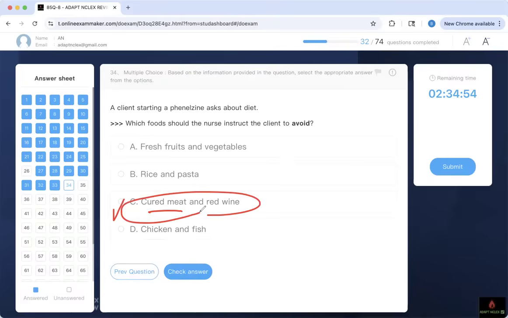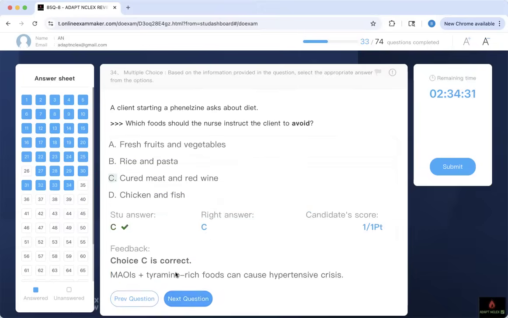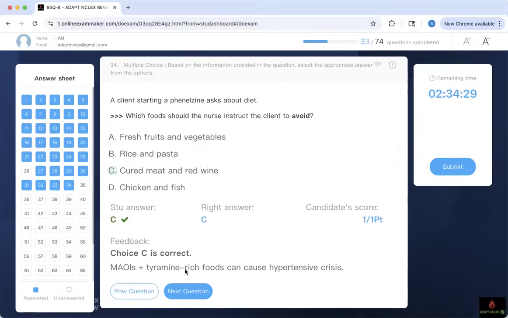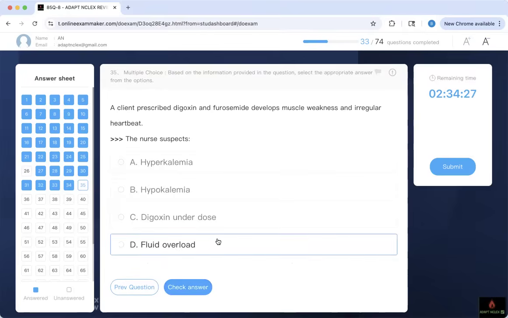Because Phenelzine is an MAOI, which means we should avoid tyramine food. This is not tyramine food. Cheese, cured meat, red wine, spaghetti, pepperoni, all those groups, you should avoid them. Therefore, this one is the right answer. So you just have to recognize the medication. Otherwise, you're going to get hypertensive urgency.